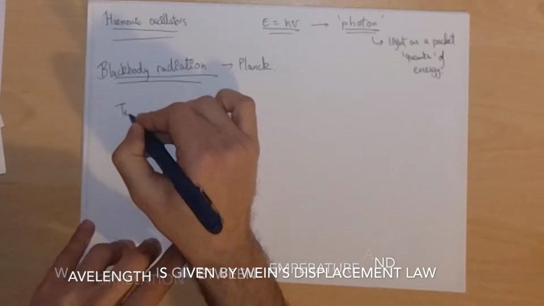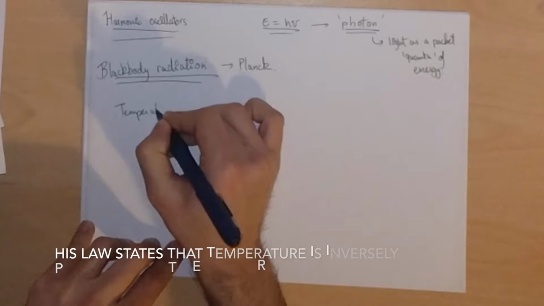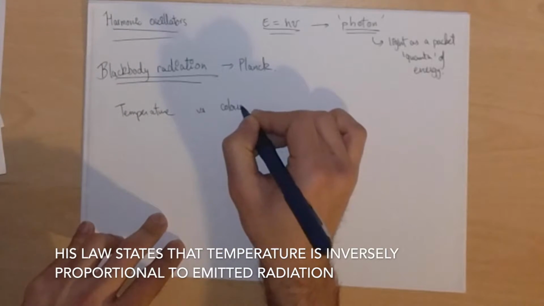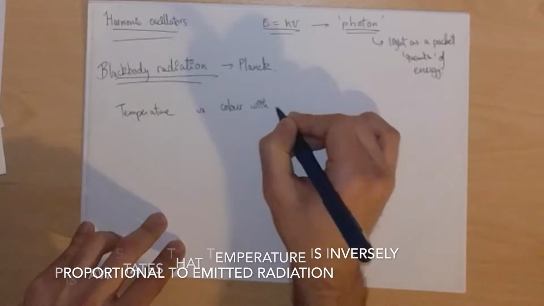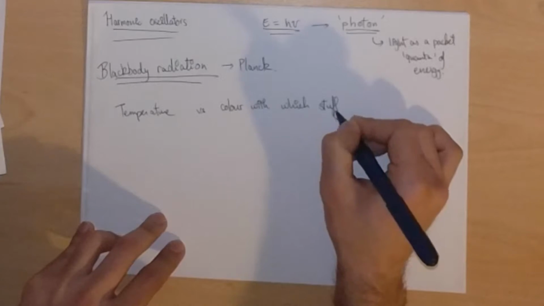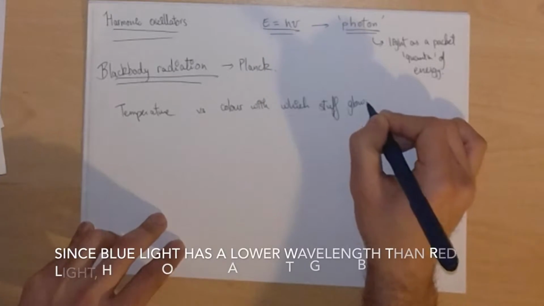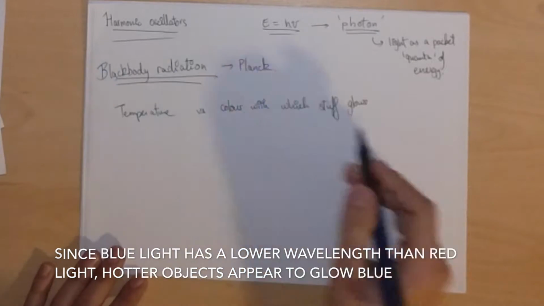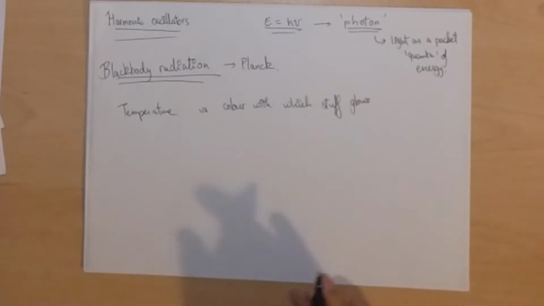So temperature versus color with which it glows. Stuff glows. So why does it get red if you heat it, and then blue, for example, if you keep heating it more, or even white?